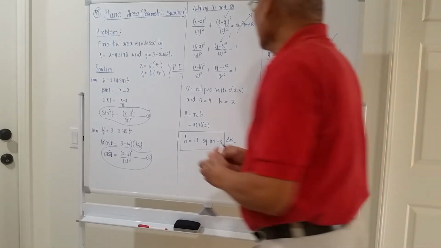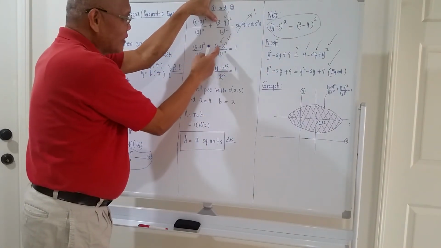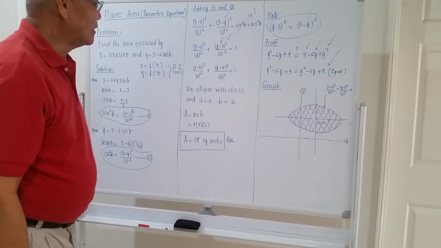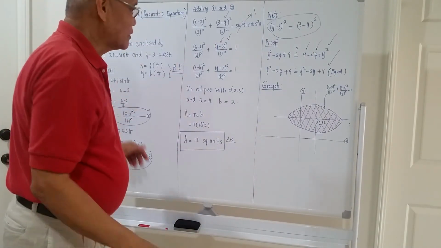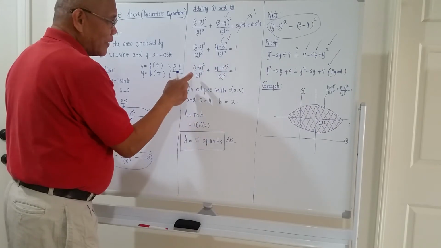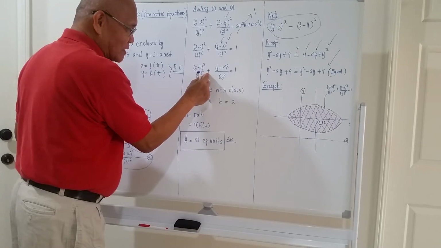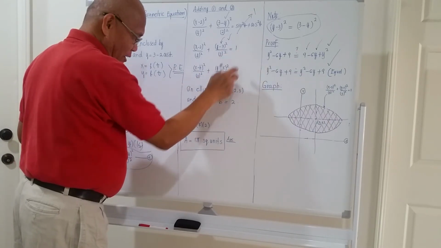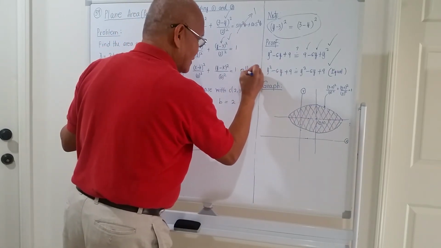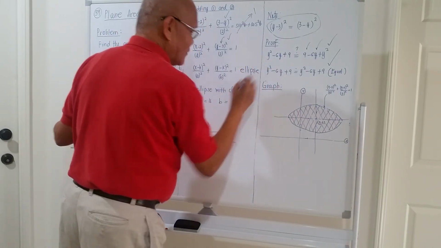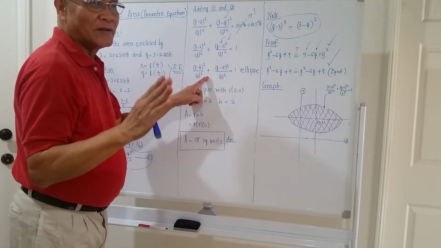So actually, 3 minus y quantity square can be written as y minus 3 quantity square equal to 1. And if you try to recall your analytic geometry, this is similar to the form x minus h quantity square over a square plus y minus k quantity square over b square is equal to 1. This is actually an ellipse. If this is plus, it should be an ellipse.